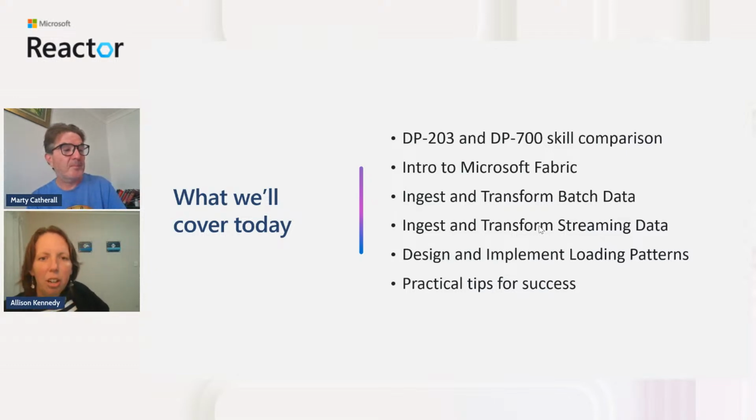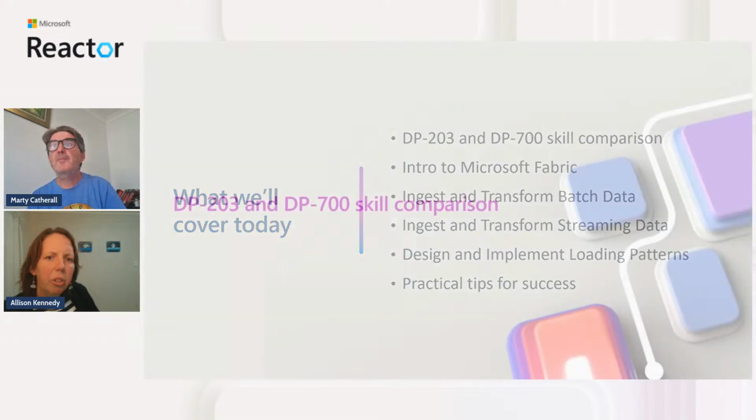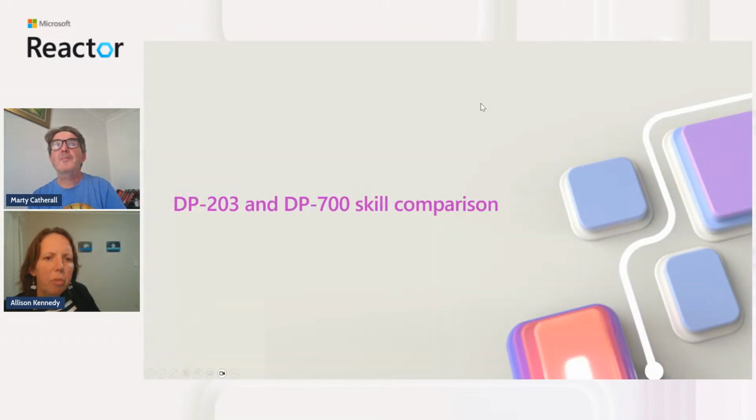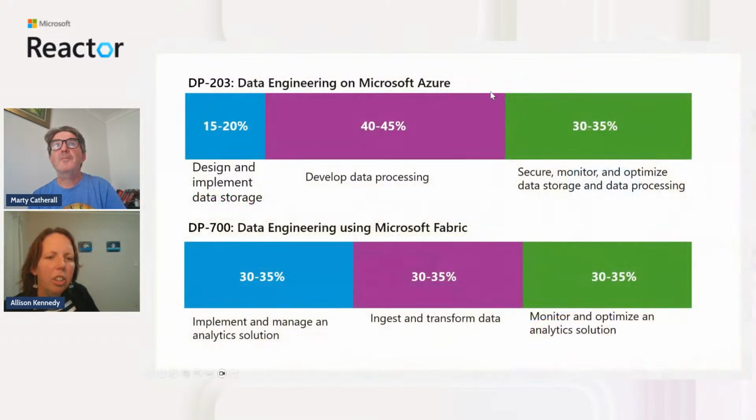If you have the DP-203 skill, the DP-700 should be well achievable. It's just about dusting off the cobwebs and filling in maybe a couple of gaps. We're going to cover a few different topics today. If we have a look at the next slide, there's a slightly different focus from the DP-203 to the DP-700.